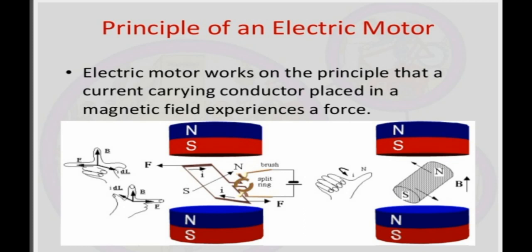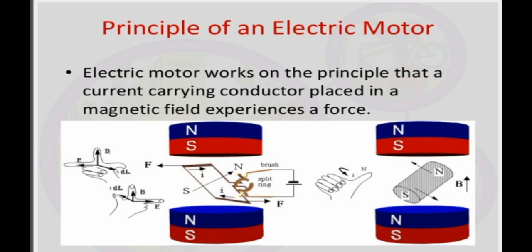Electric motors are used to drive various machines at home and in industries, like fans, washing machines, refrigerators and mixer grinders, all of which have an electric motor fitted in them to do the work.